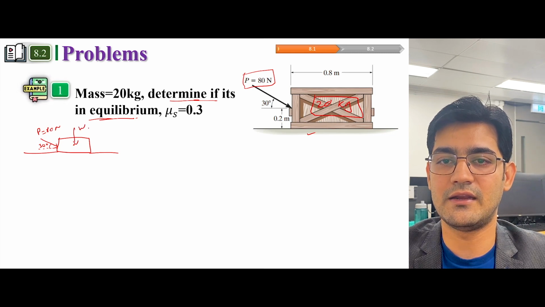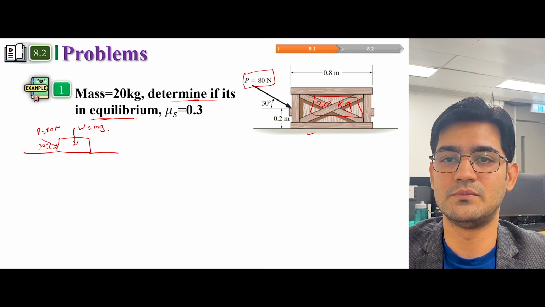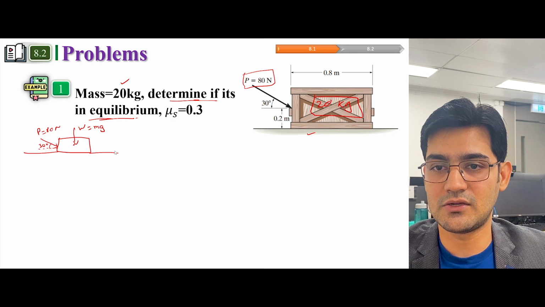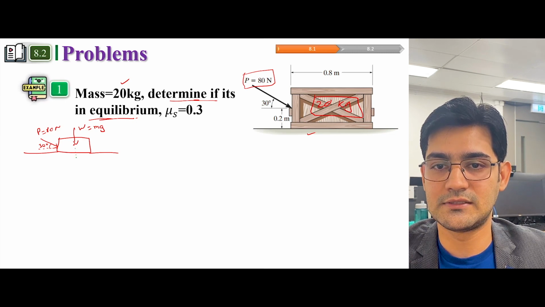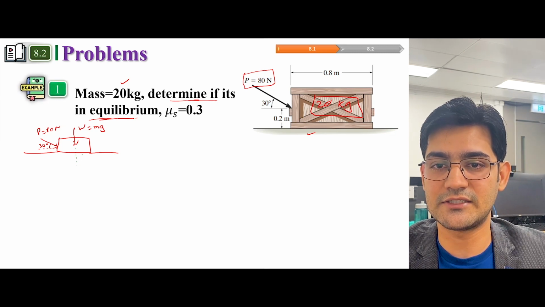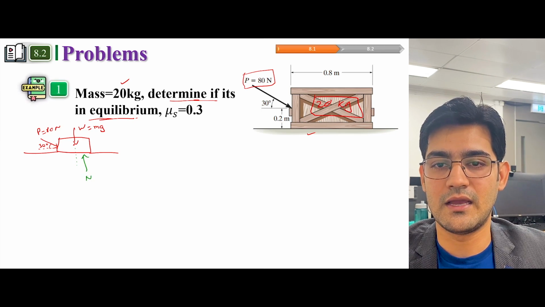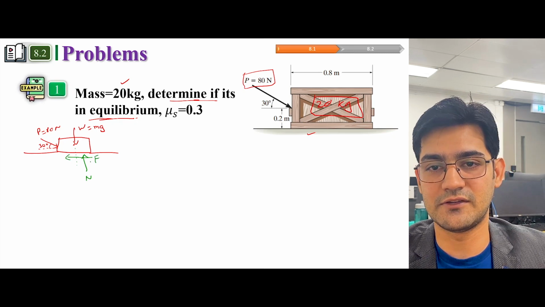So that weight is also an action force, and that weight is equal to mg, and we know the mass, so we can calculate the weight. Now as a result of this weight and loading condition, we will have a reaction force, and that reaction force is N. And we'll also have a resistance which is called a resistive force.